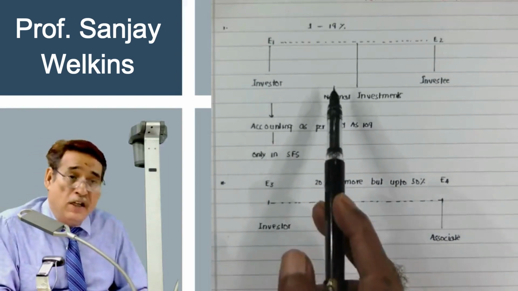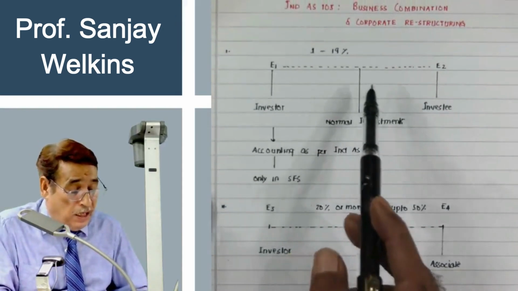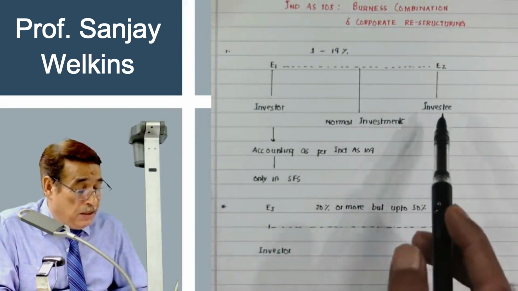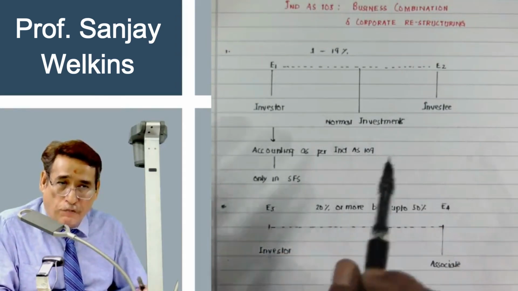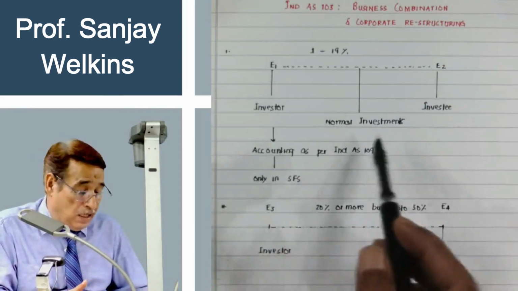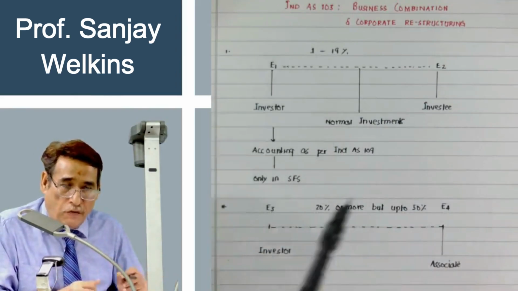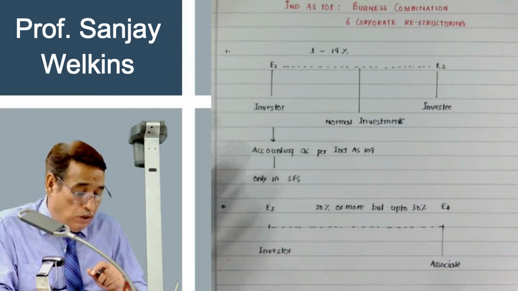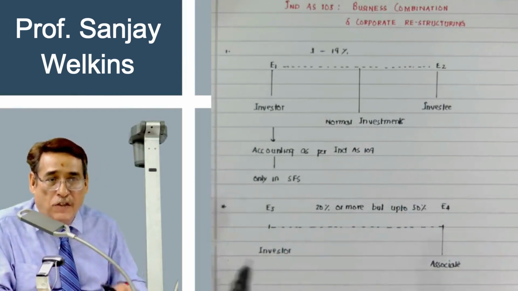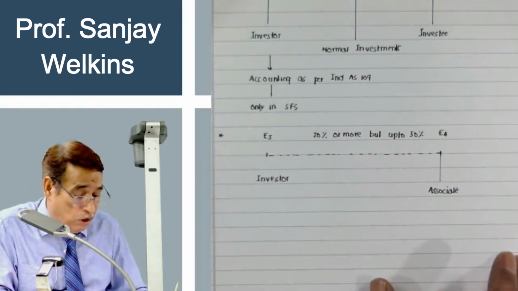You saw earlier that when our investments are less than 20%, then we are not having any relationship with this particular entity, and in that case we are not preparing any consolidated financial statement. We will have to do the accounting only in separate financial statement. However, here what will happen?